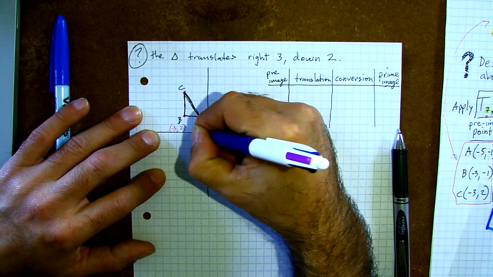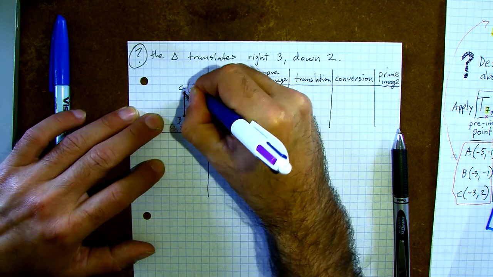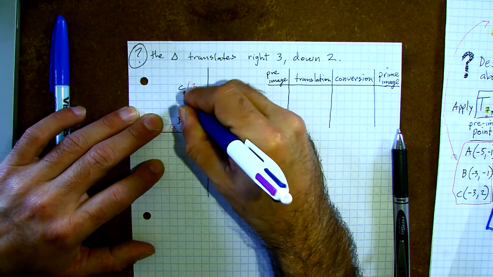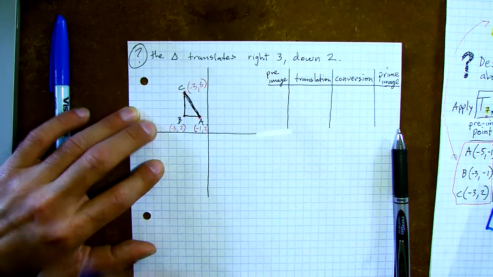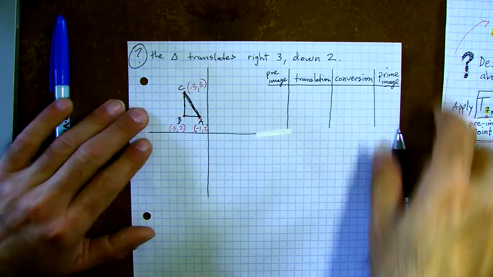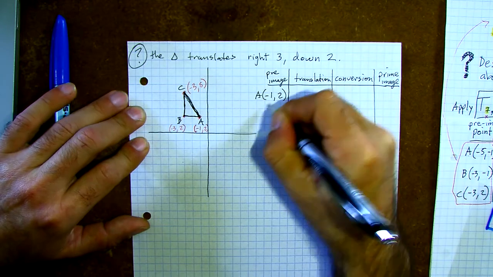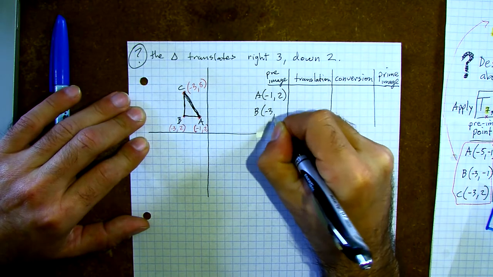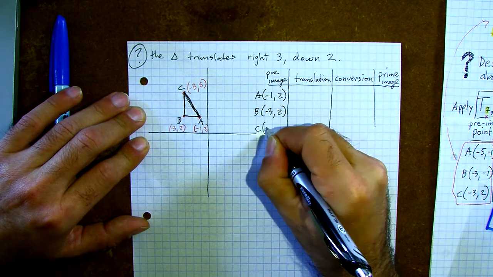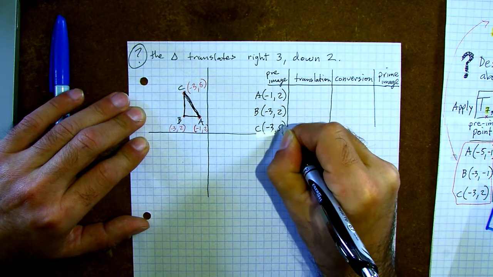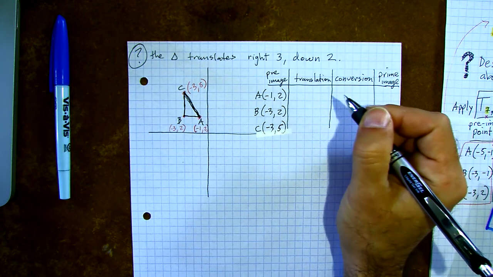C is at -3, and then up 1, 2, 3, 4, 5. Okay, so there's A, B, and C, and I'm going to go ahead and put that in my table here. I'm going to put A is -1, 2, B is -3, 2, C is -3, 5. Okay.